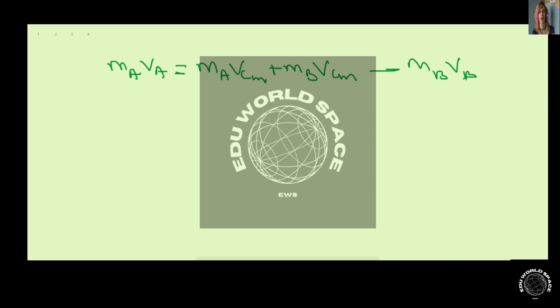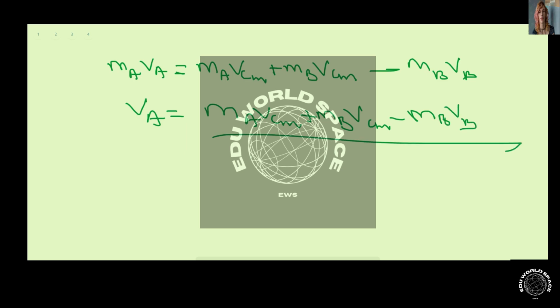Okay, so VA has to equal MA VCM plus MB VCM minus MB VB over MA. Remember, VCM is the velocity at the center of mass.